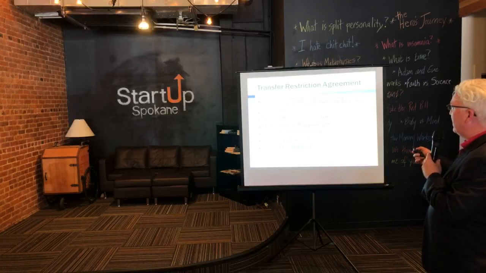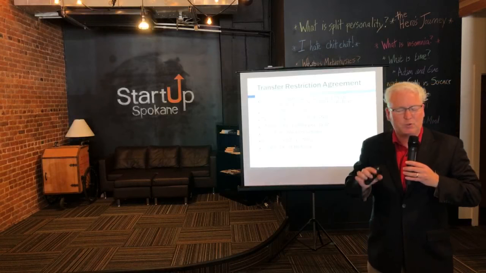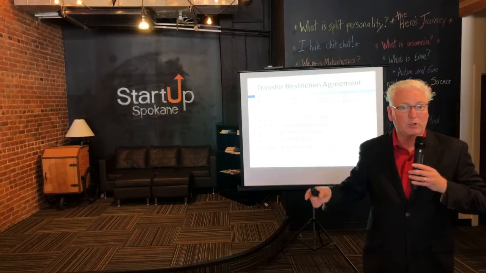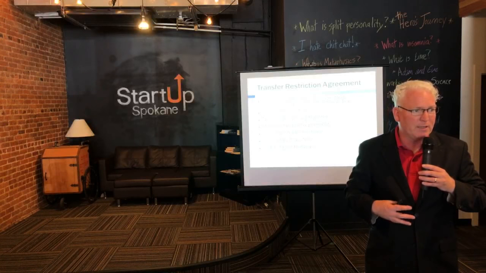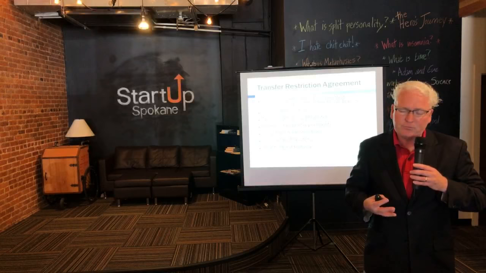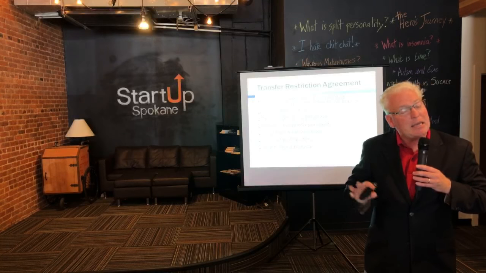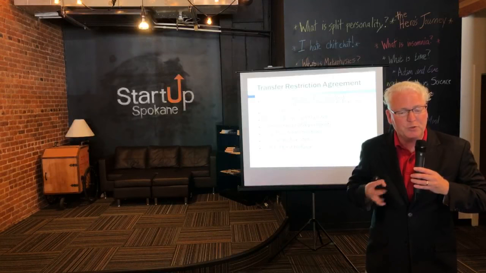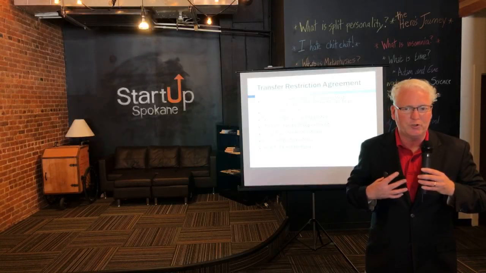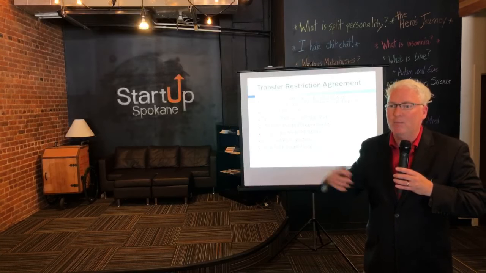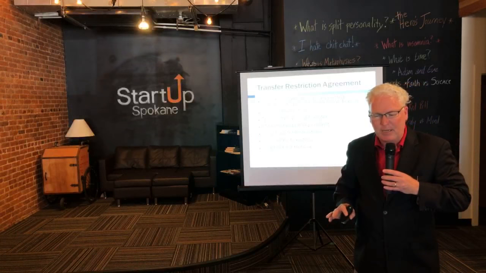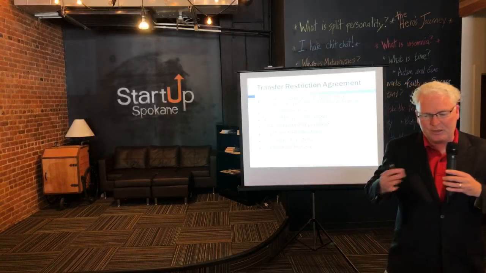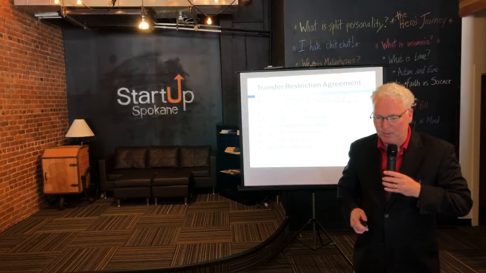It's also very important to specify what constitutes a permitted transfer, because there are some transfers from shareholder to shareholder that are permissible under the transfer restriction agreement because the company doesn't need or want to prevent them. This isn't always true, but the company may allow the shareholder to transfer their stock to a family member, or to a family trust where the beneficiaries are family members, and sometimes those will be permitted transfers that are not stopped by the agreement.